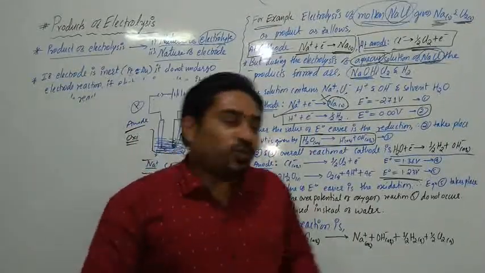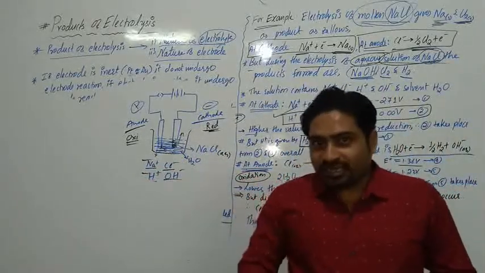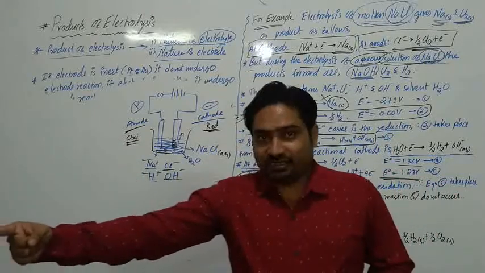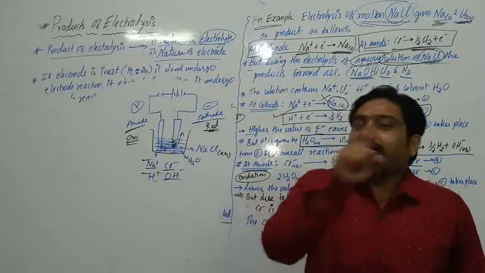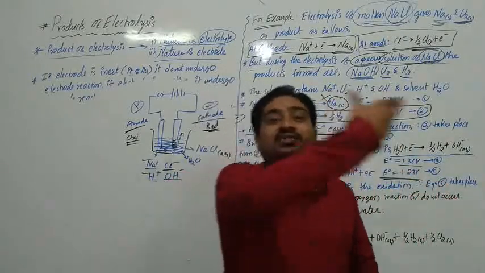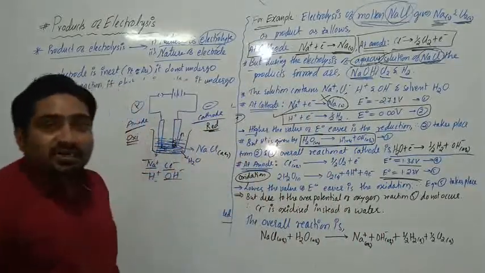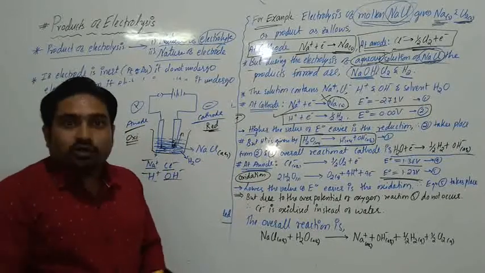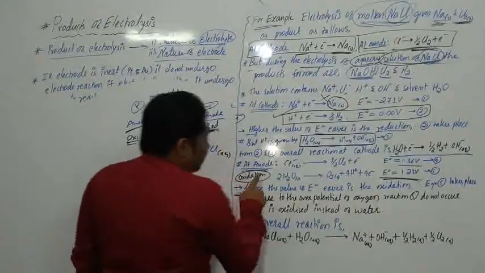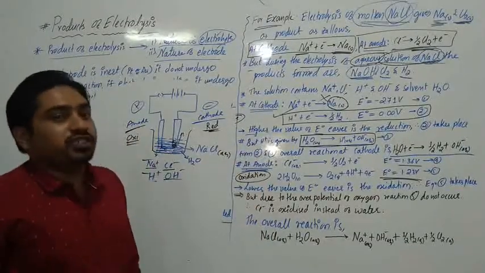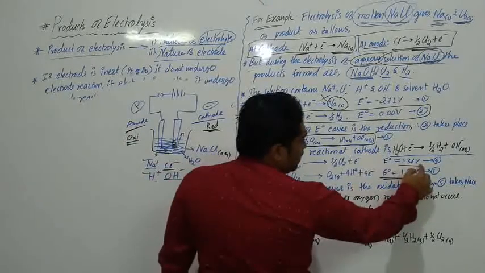And what do we know? We know that the lower the value of electrode potential, the easier the oxidation. Higher the value of electrode potential, it easily undergoes reduction, isn't it? So at the anode we have to consider the lower value of electrode potential, because we have to consider oxidation. See the values 1.36 and 1.23.